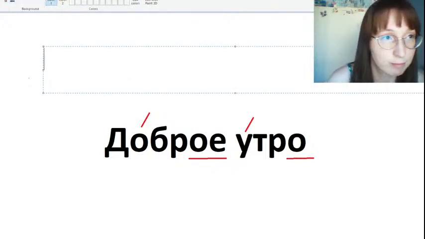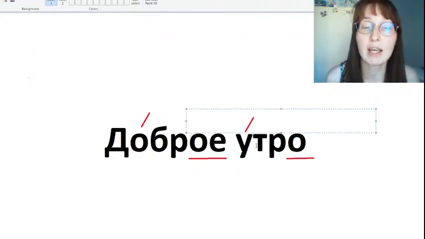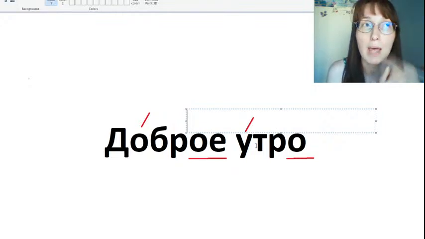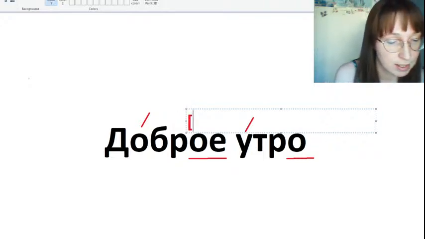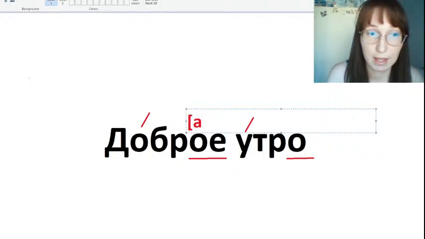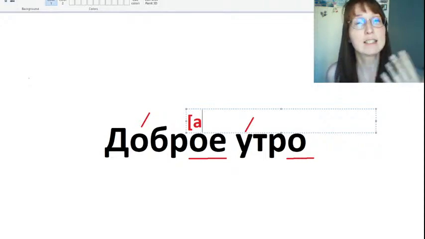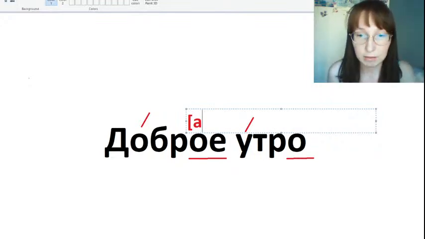Unstressed O is always pronounced like, but not that open, a bit closed. Добра. Then the letter Е represents two sounds, Y and E, but since it's unstressed, it represents Y and И.